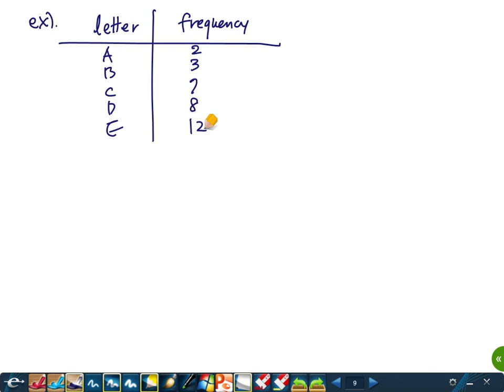So we want to find a tree with frequencies 2, 3, 7, 8, 12, right? We want to create a tree with these frequencies.